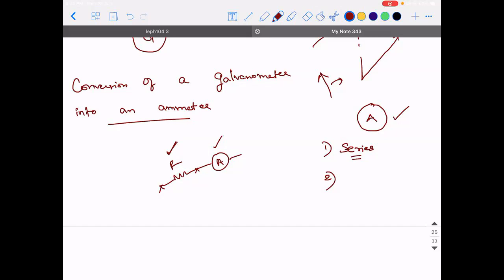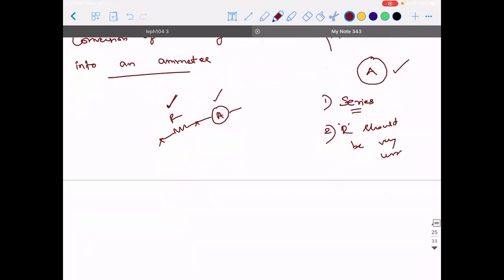So the resistance of an ammeter should be very less. I'm talking about a practical one, the one which you have in your lab. But if I make it an ideal one, ideal is something 100% perfect. If I talk about an ideal ammeter, then the resistance of it is supposed to be 0. Am I right, guys? Are you able to understand the logic?